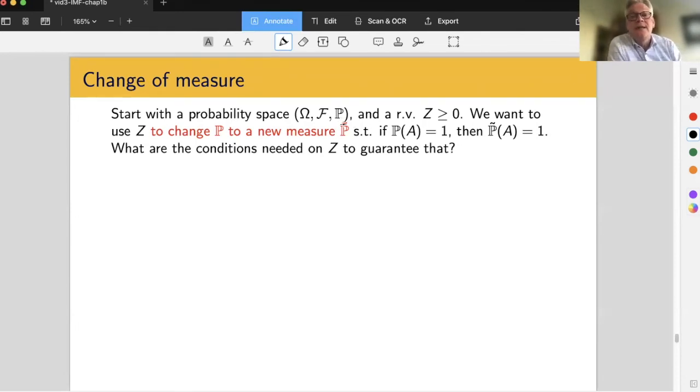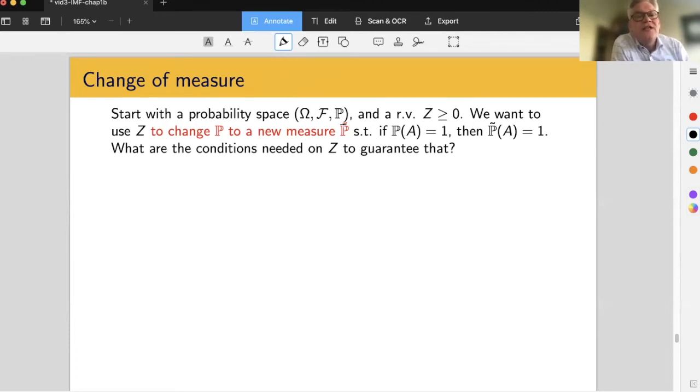If the probability of A is equal to 1, then the probability under the tilde measure of A should also be equal to 1. So sure events stay sure events. And equivalently, when P of A is equal to 0, then also P tilde of A should be equal to 0.